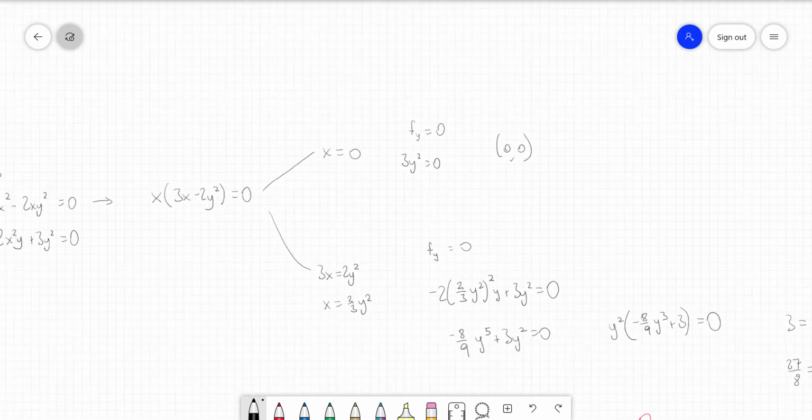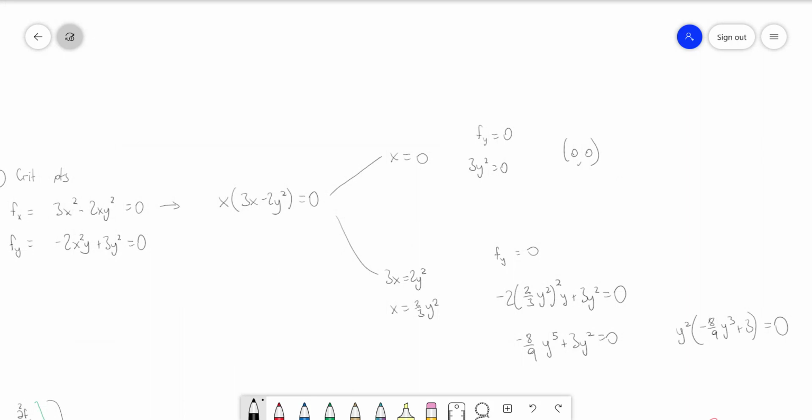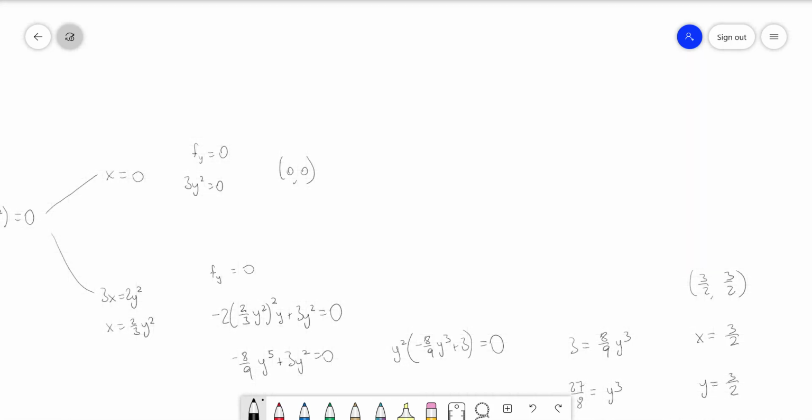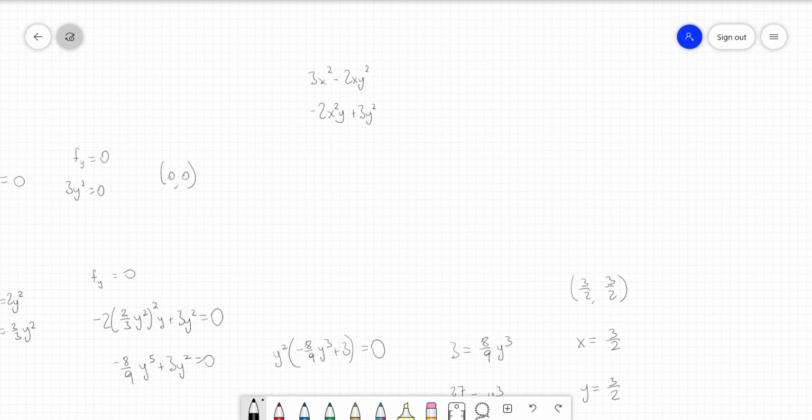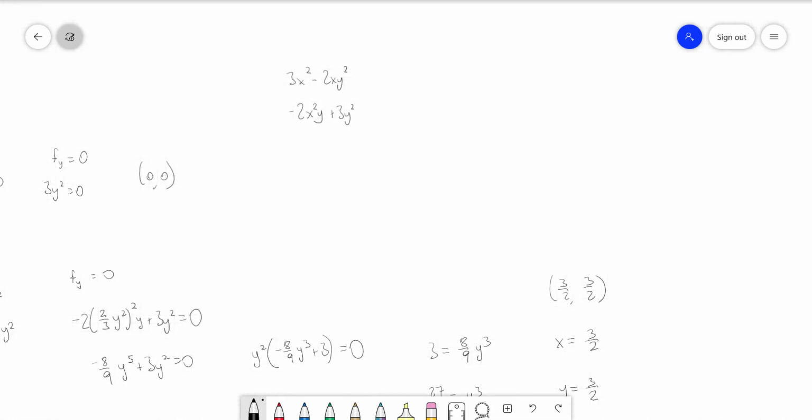Now let me see here. So next, I need all the second order partial derivatives to get the Hessian. Okay, so doing the partials with respect to x will give me 6x minus 2y squared minus 4xy.